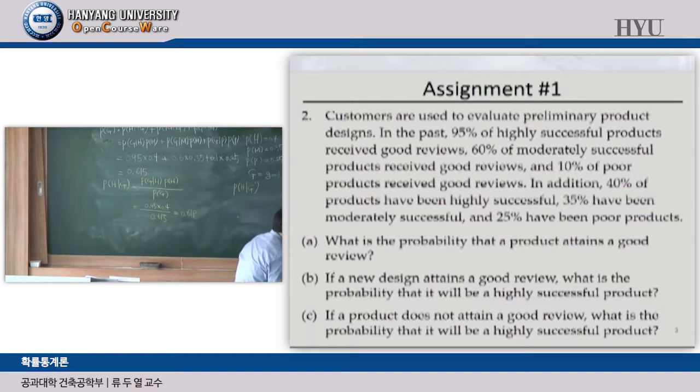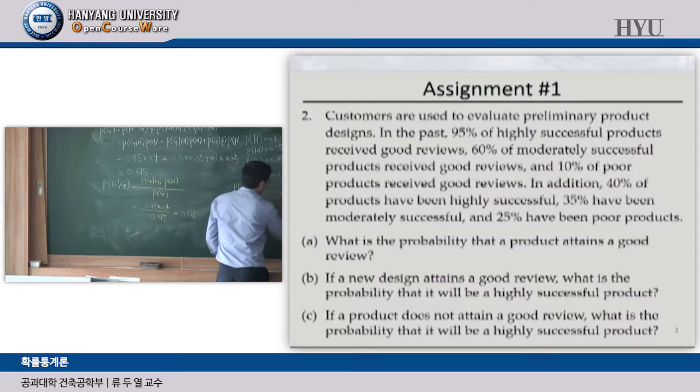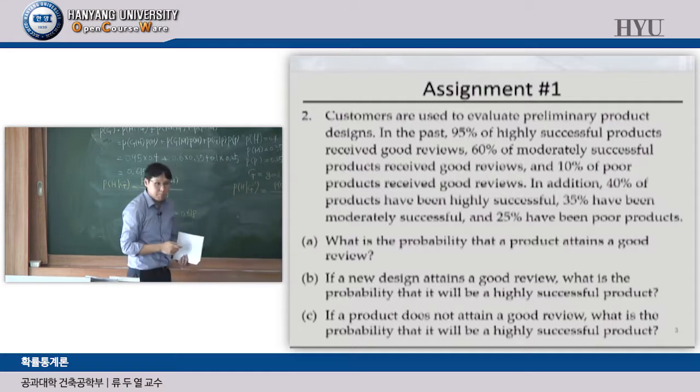Because the product does not attain a good review. So this can also be expressed by the conditional probability of G prime given H multiplied by the probability of H over the probability of G prime.